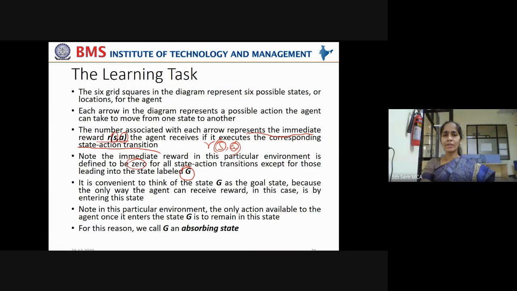It is convenient to think of the state G as the goal state because the only way the agent can receive reward in this case is by entering that state. Note that the only action available to the agent once it enters the state G is to remain in this state. That is why we call G an absorbing state.